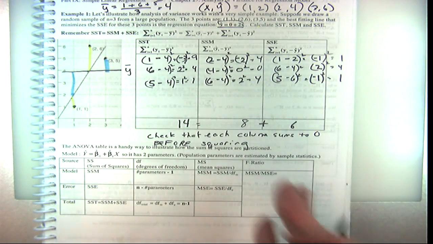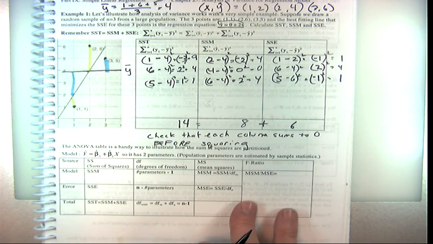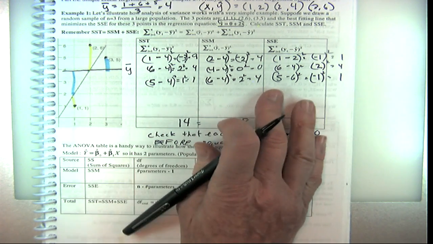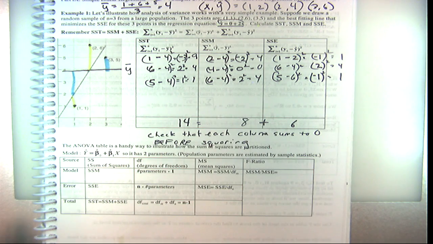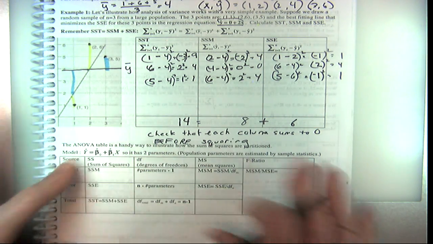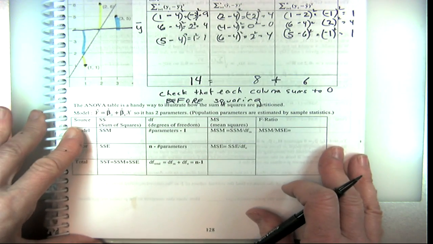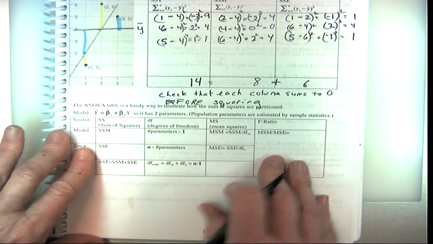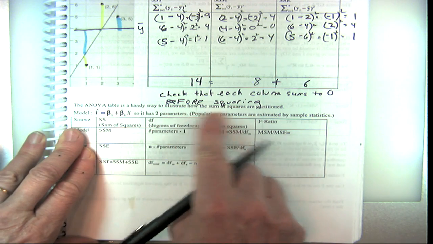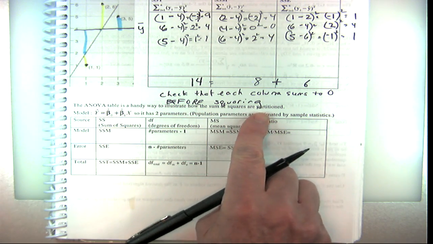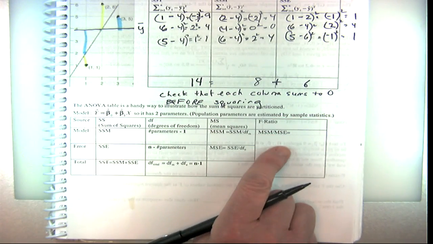So you can do it for 3 points, but what if you have lots of points, you can see this would be incredibly tedious to do. Incredibly tedious. So, in preparation for this, the ANOVA table is a handy way to illustrate how the sum of squares are partitioned and to compute the F ratio.